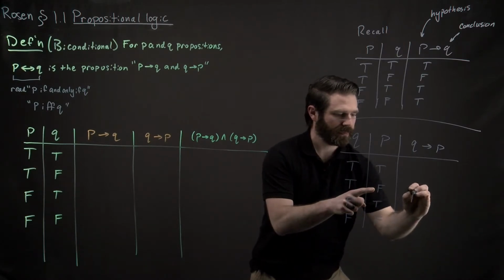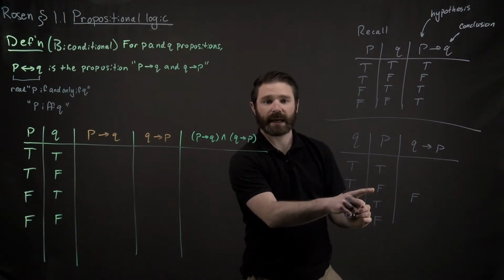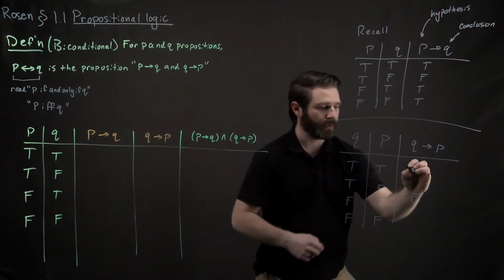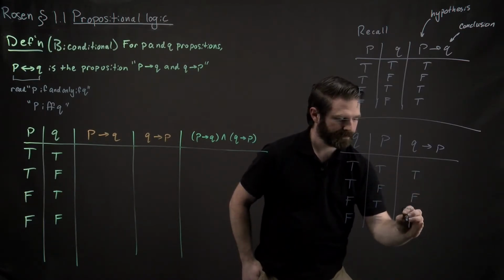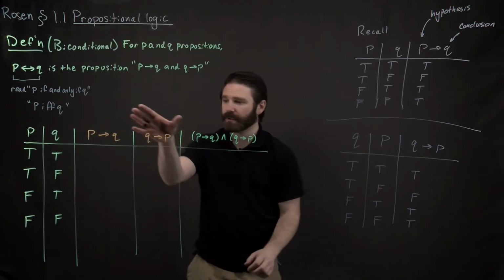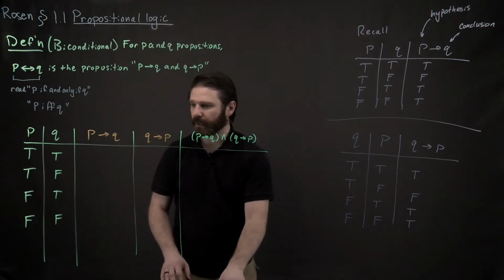That's the only place that is going to be false. Everywhere else, it is going to be true. And that's going to help us figure out our scratch work right here.